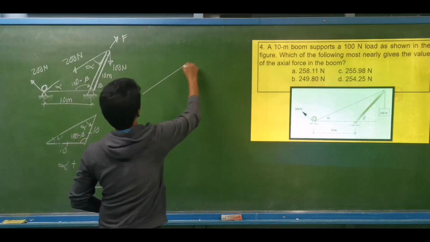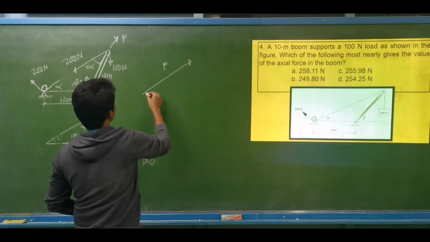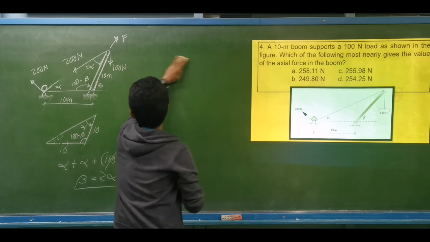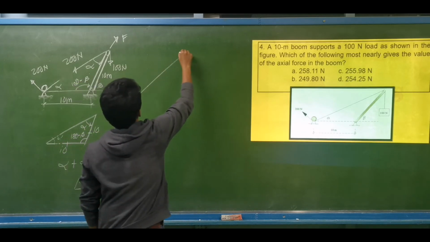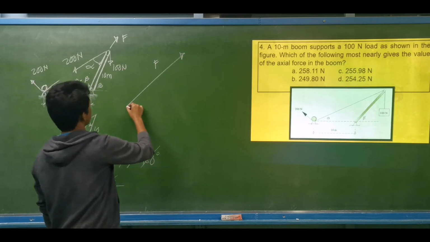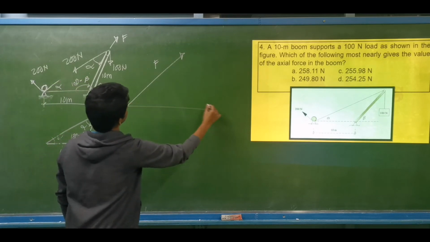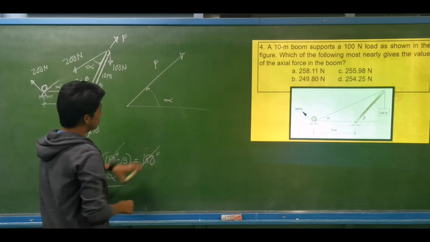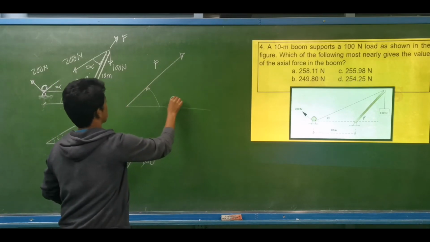The inclination of the axial force is beta with respect to the horizontal. So let's say this should be beta.